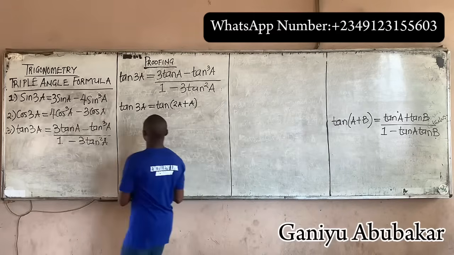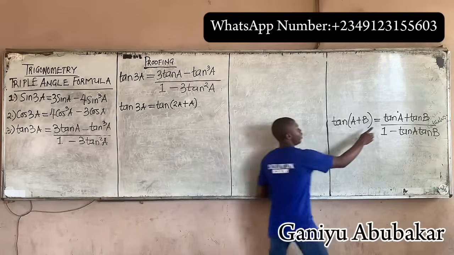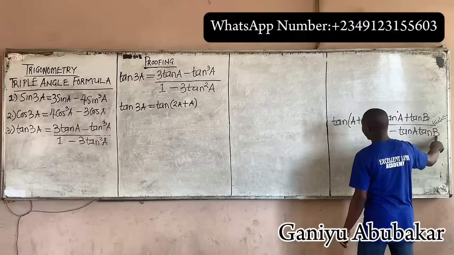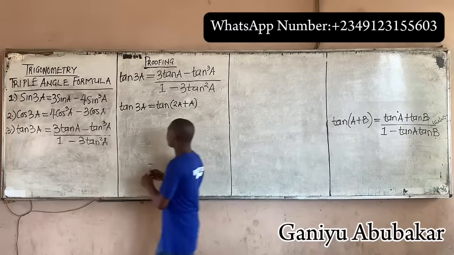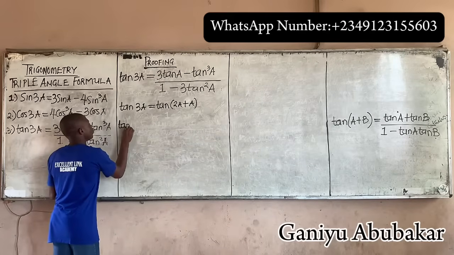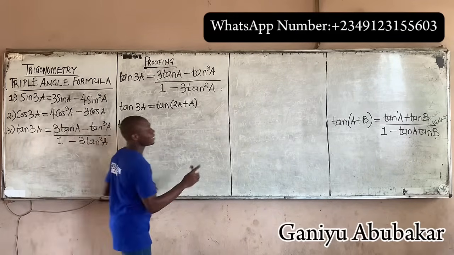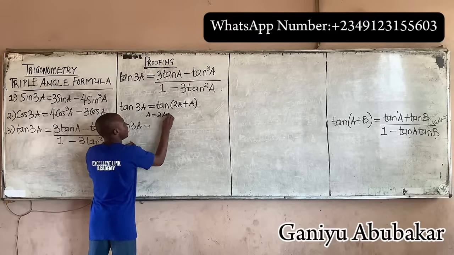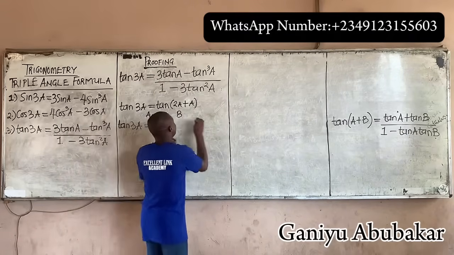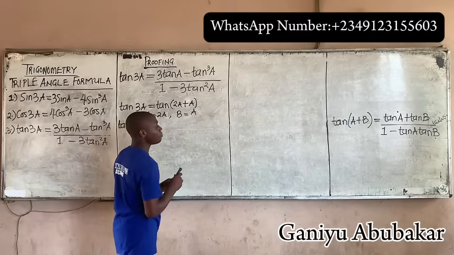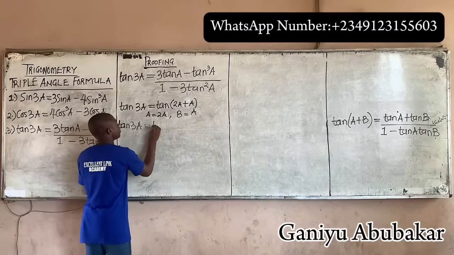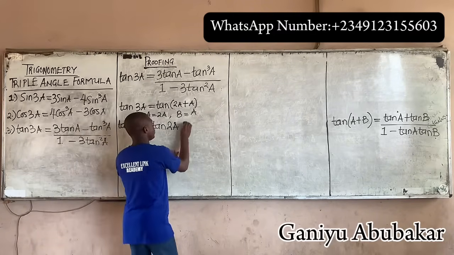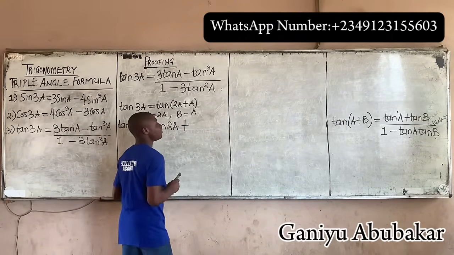So anywhere I see A, I'll just put 2A, and anywhere I see B, I'll just put A. So if I expand, tan 3A can be expressed as tan, where you see A put 2A, plus tan B, where you see B put A.